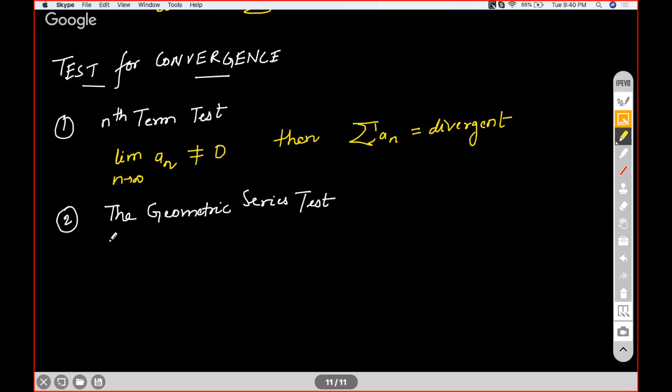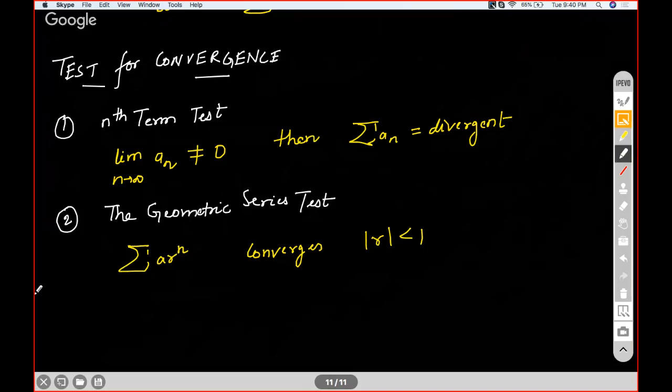That will come with problem practice. If you have a geometric series, it converges only when mod r is less than 1. I've already discussed that, so there is nothing I have to teach here.